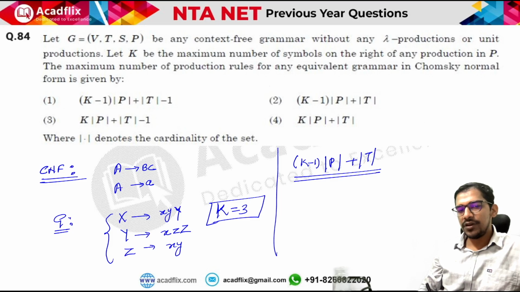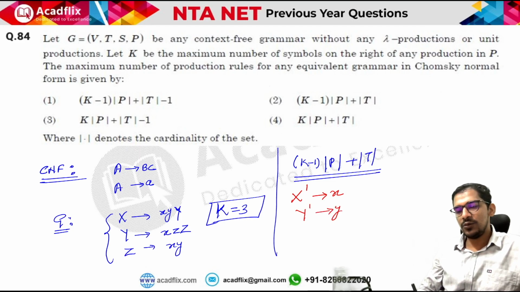For example, let's see how we can convert this grammar into the CNF grammar. We have X tends to x y capital Y, and we need to convert it so that either two variables are on the right hand side or a single terminal. So let's take new production rules, X dash tends to x, and Y dash tends to y.